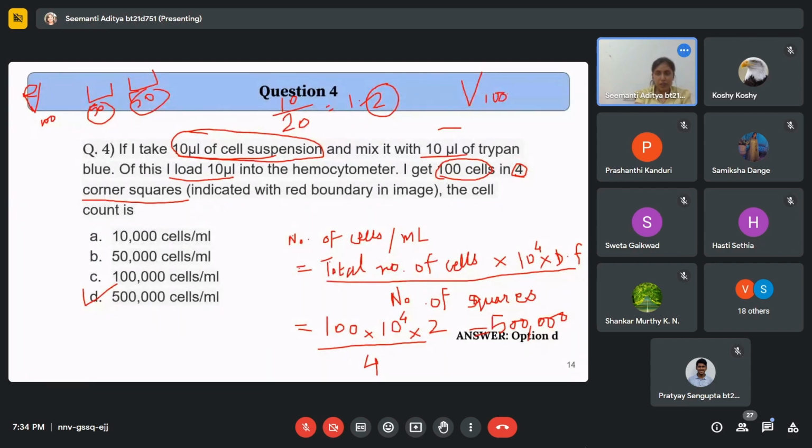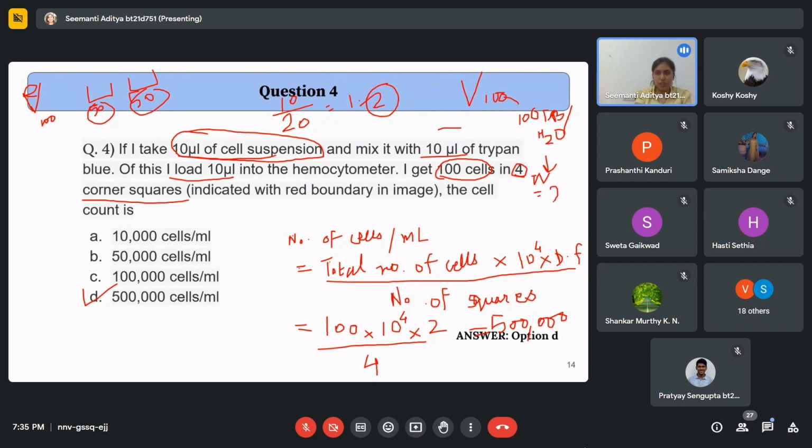Now in this, you are adding 100 microliter trypan blue, or water. Now your total volume becomes 100 plus 100, 200.